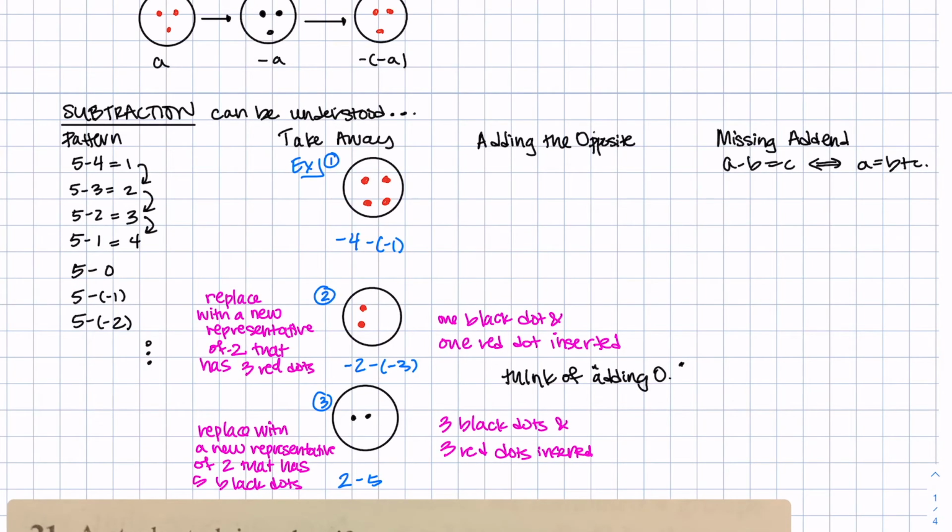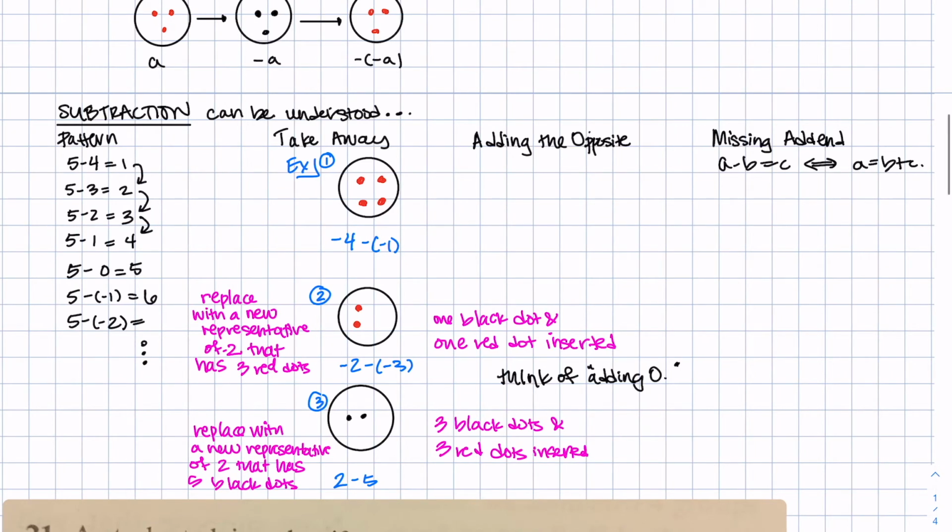So the pattern suggests that if I subtract 0, I should get 5, which I know to be true. And if I subtract -1, it looks like I should get 6. If I subtract -2, it looks like I should get 7, and I can do this forever. So we could explain subtraction by following this pattern that we already have that starts with just whole number subtraction.